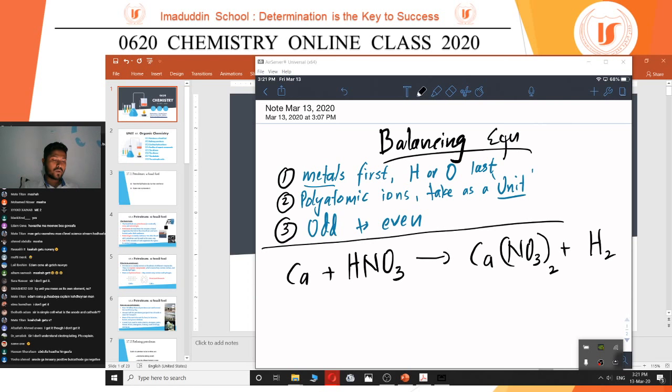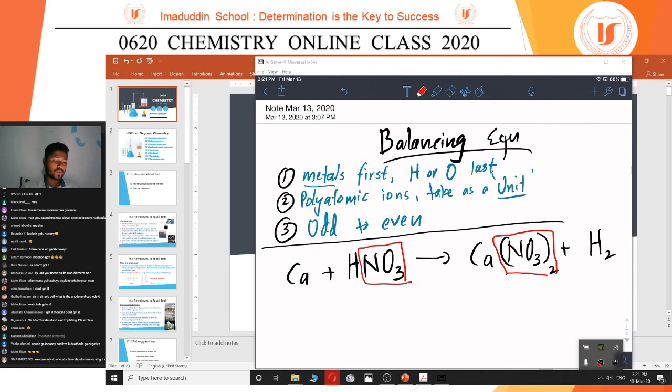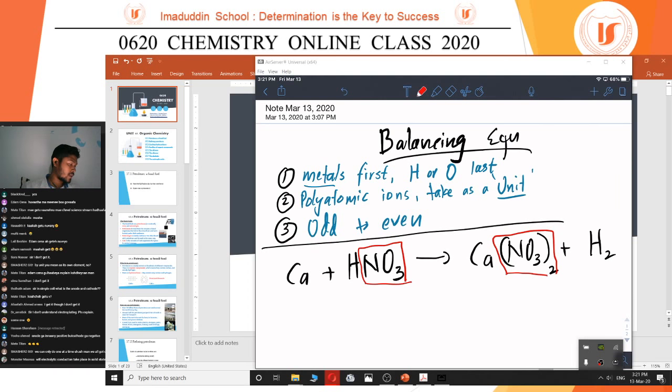Now in this equation you can see that nitrate is a polyatomic ion. When you balance nitrate, you have to take nitrate as a whole unit, not each individual element separately. So for example, do not try to balance nitrogen and oxygen separately. That will be a very big task. Instead, take only the nitrate as a whole.